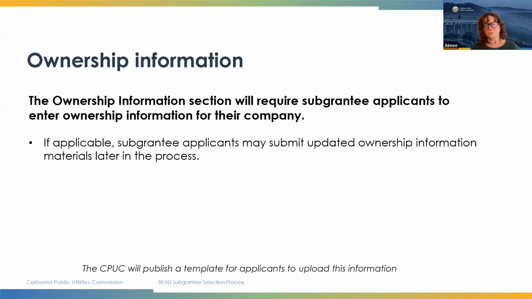If there are changes in ownership, which we know is entirely possible during the course of an application period, that needs to be documented during the scoring phase. And then the CPUC will publish a template for applicants to upload this information.